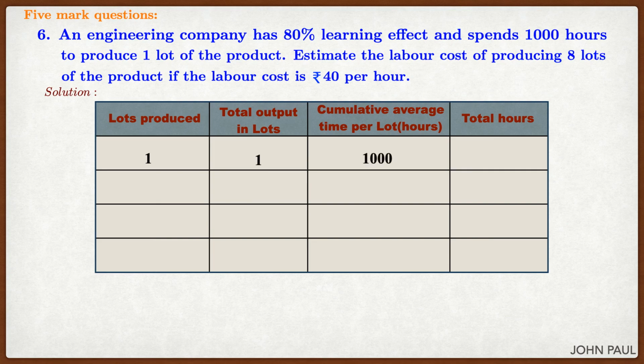They have given 1000 hours, so total hours also 1000. Now for producing the next lot, 1 plus 1 is 2, 80% of 1000 is 800. So we get total hours as 800 into 2, that is 1600.